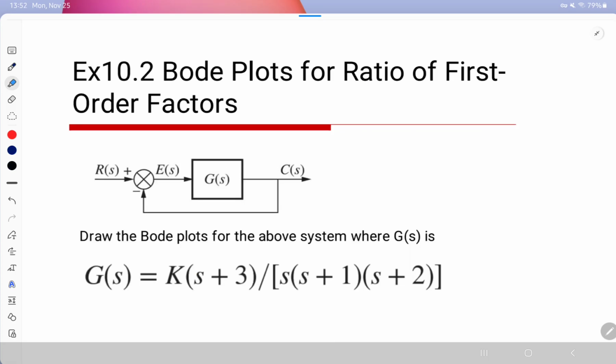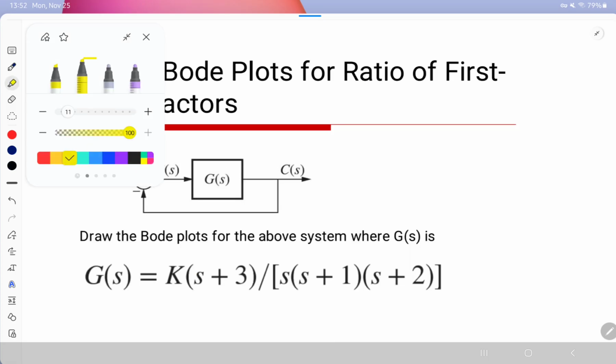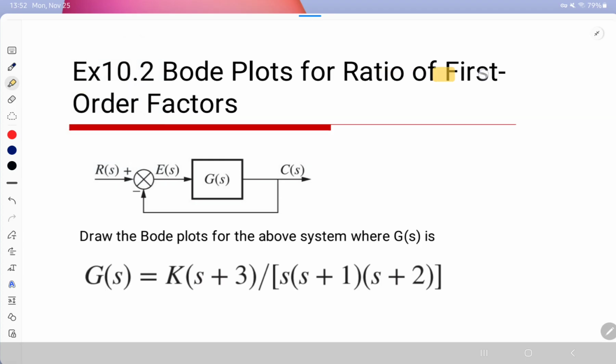Now let's do an actual example. Now we'll plot something for first order factors. So you're familiar with this diagram? It's a unity feedback system with forward path.